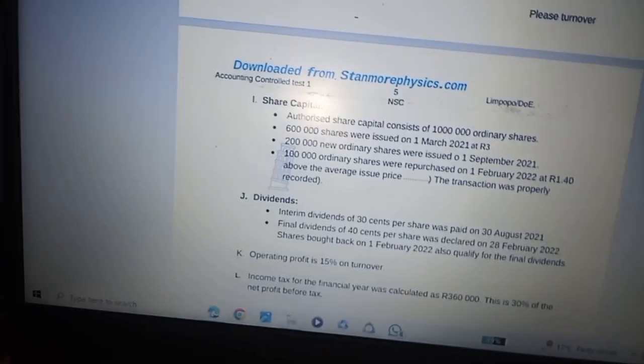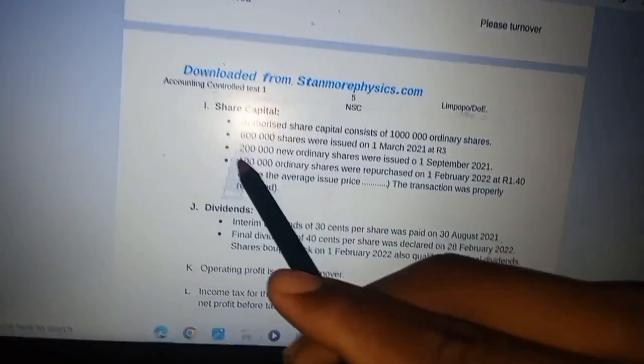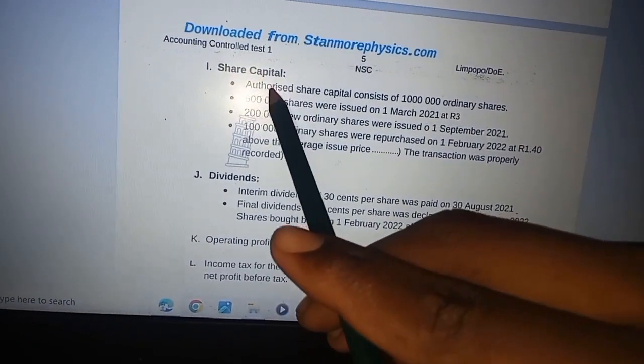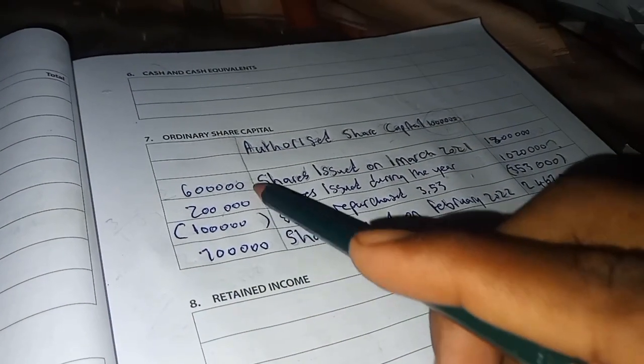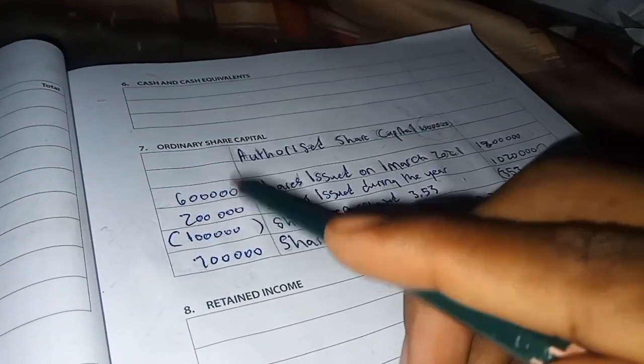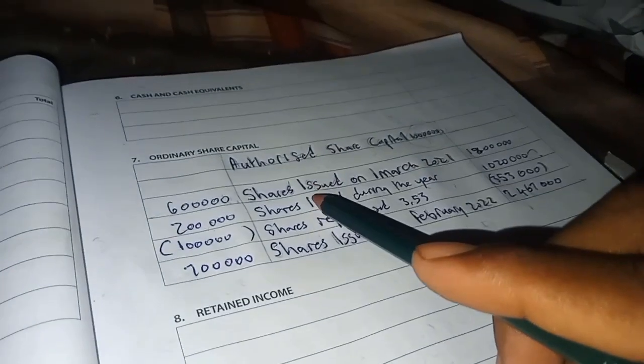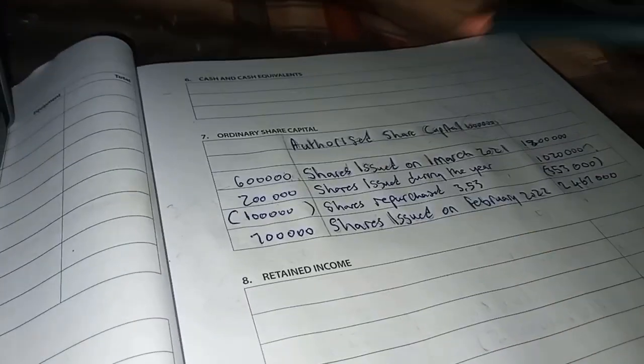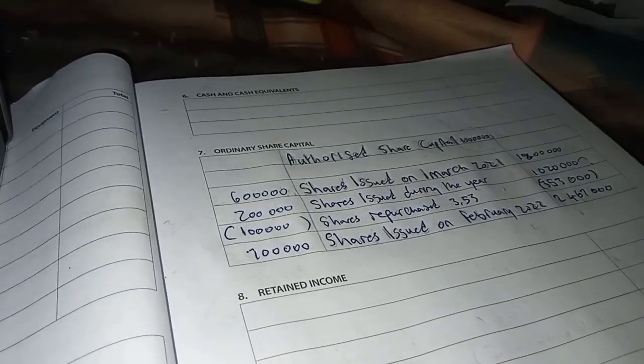In the shares column we have 600,000 shares, so we indicate 600,000 shares here. And then on this side, we're going to describe when these shares were issued.